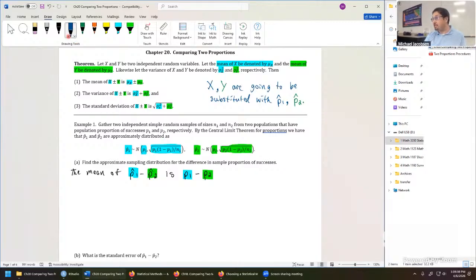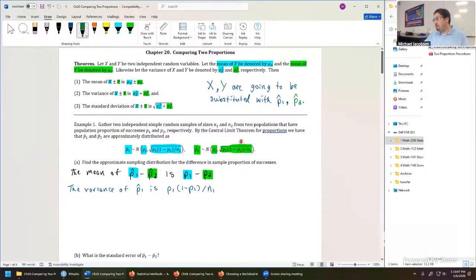We can say the variance of p hat 1 is that entire thing raised to the power 2. But when you square that, it just peels off the entire square root symbol. And so you get P1 times 1 minus P1 divided by sample size n1.